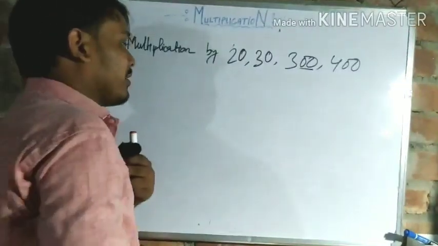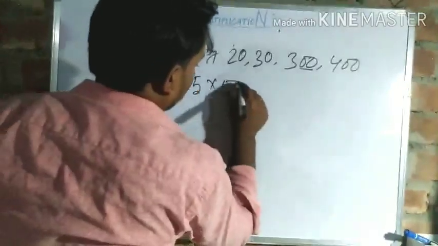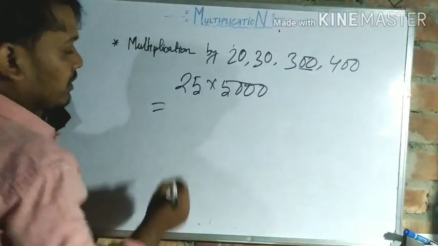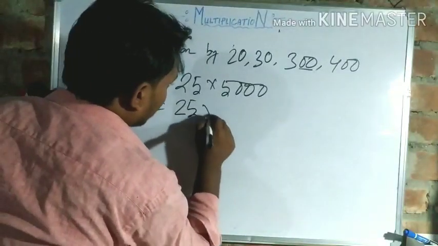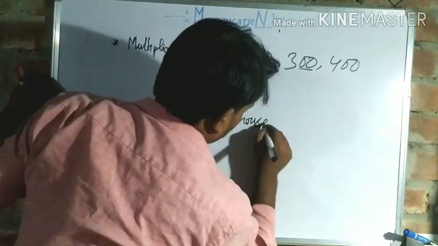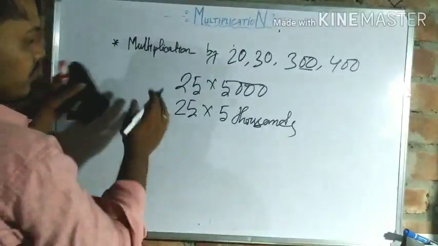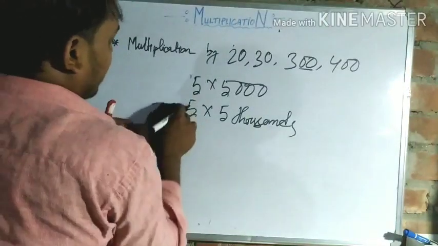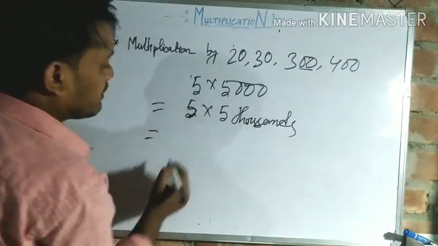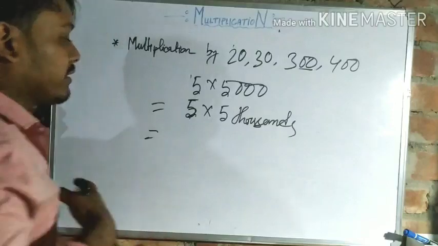For example, 25 into 500 or 5000. So we can write 25 into 5000 thousands, or 5 into 5000. Because it is easier to do orally, otherwise you can't understand.